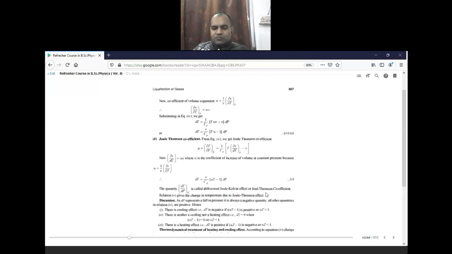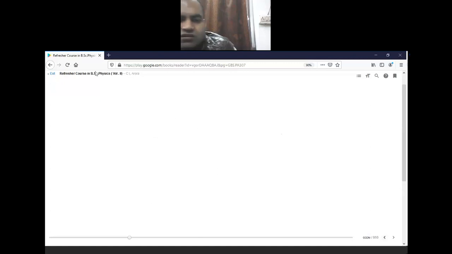We will eventually show that the Joule Thomson effect results in cooling when the gas passes from a region of high pressure to a region of low pressure through a porous slab. So there is a change in temperature after the expansion of the gas, and how this temperature changes, we will learn in the next class.